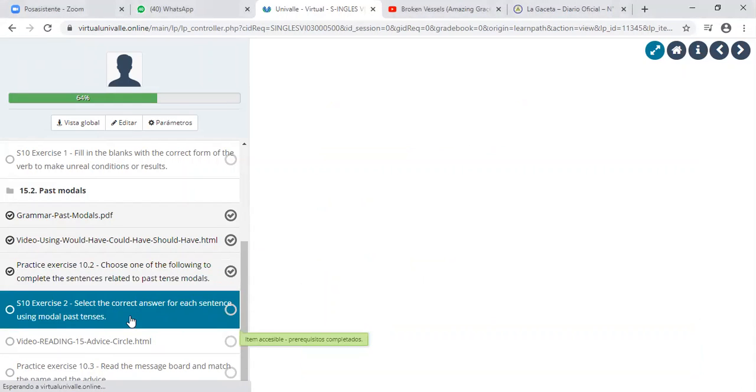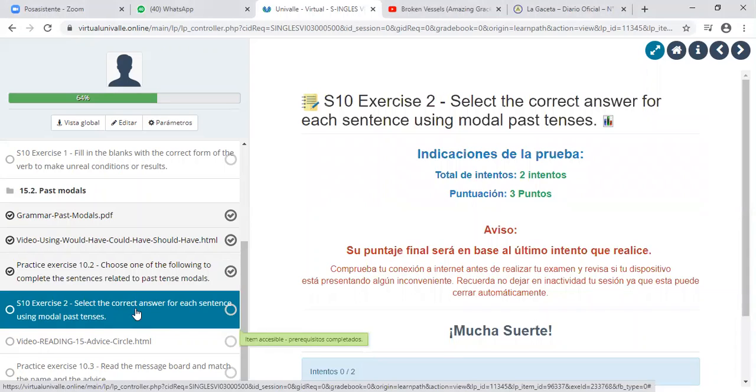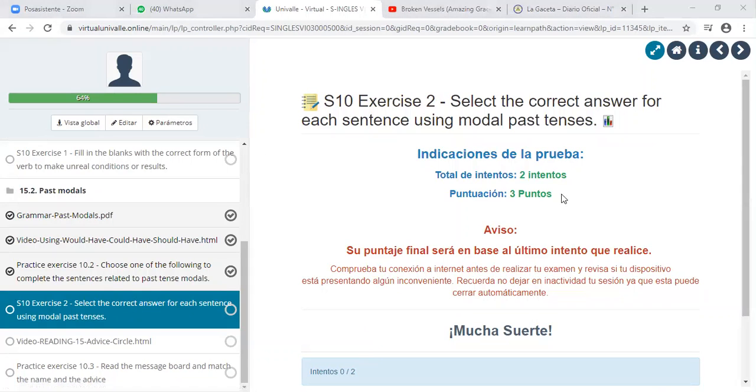In here, you have an exercise that is going to be evaluated too. You are going to select the correct answer for each sentence using modal past tenses, okay? This exercise goes for 3 points, and you need to read the instructions before you get your exercise started.